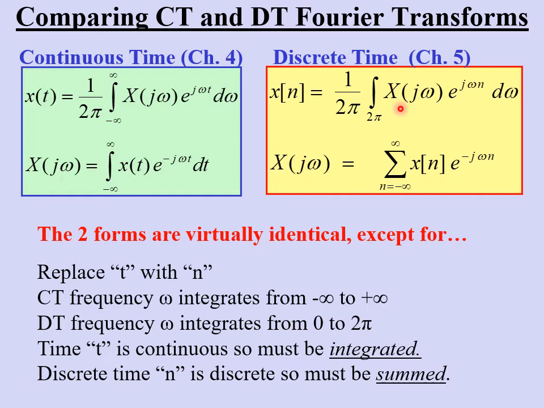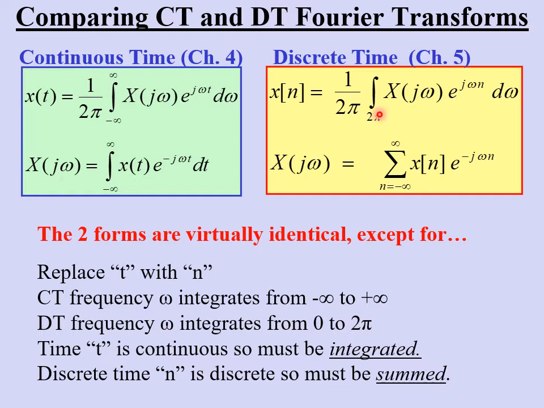They basically just go over 2 pi values, because we talked about this earlier in the course. Discrete time frequencies are technically angles in radians, and once you go around a circle, of course, you're done, right? So we only have to integrate over any 2 pi radian range. We can go from 0 to 2 pi, or from minus pi to positive pi.